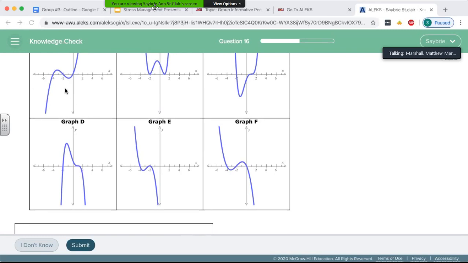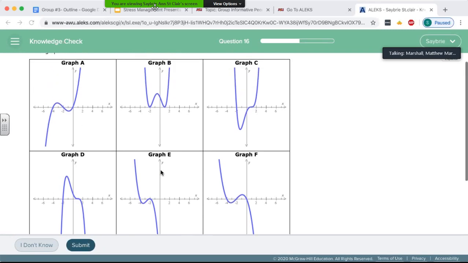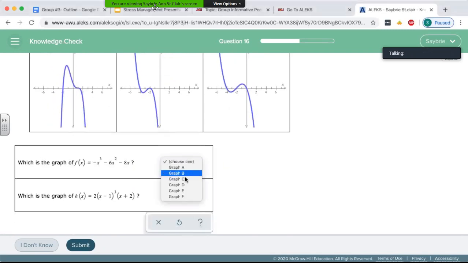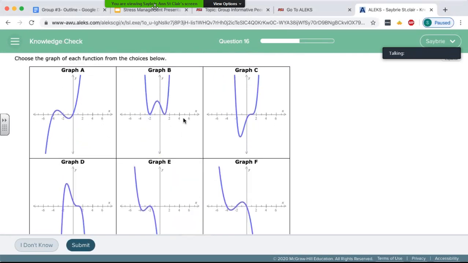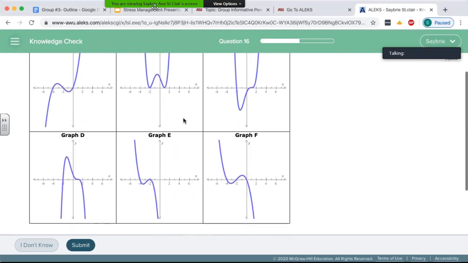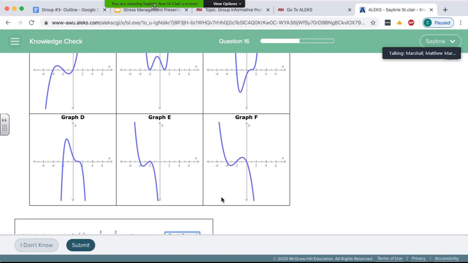And I only see one that's even remotely close, so that's that E one, right? But God, that's weird. Because that doesn't look exactly, maybe F? Yeah, look at F there. Because it does go over. Yeah, so F.